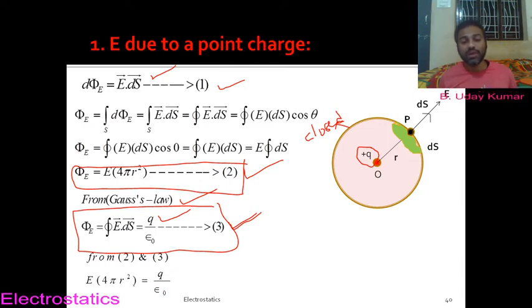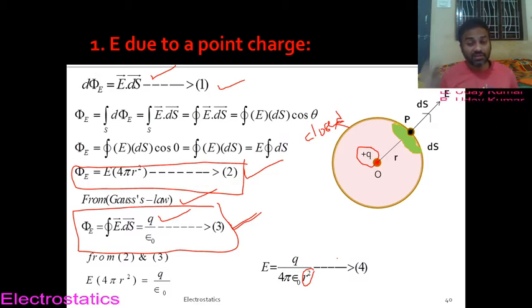And if you send 4 pi r square to the right hand side, you get the electric field intensity at a distance r. So at a distance r, the magnitude of electric field intensity is found to be Q by 4 pi epsilon 0 r square. I hope you remember the formula of electric field intensity due to a point charge that we already found using Coulomb's law and the definition of electric field intensity, which was also Q by 4 pi epsilon 0 r square.